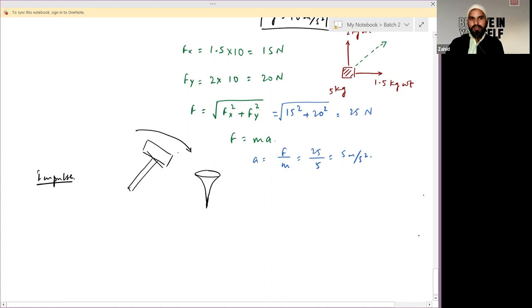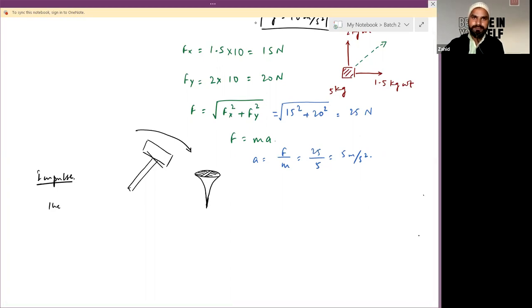So a very large force is applied on this particular object and the time of contact between them would be very small. This quantity is termed as impulse.